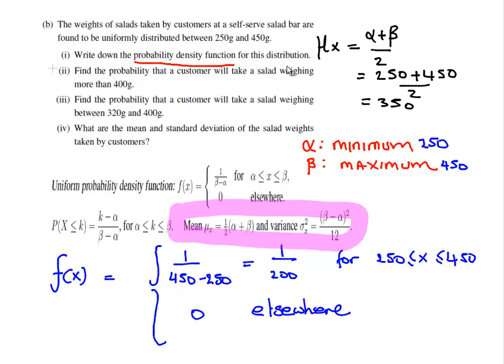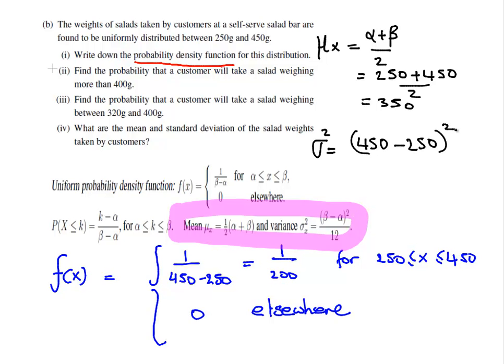Sigma squared is the variance, and that is equal to 450 minus 250 squared over 12. 12 is the constant in this case.